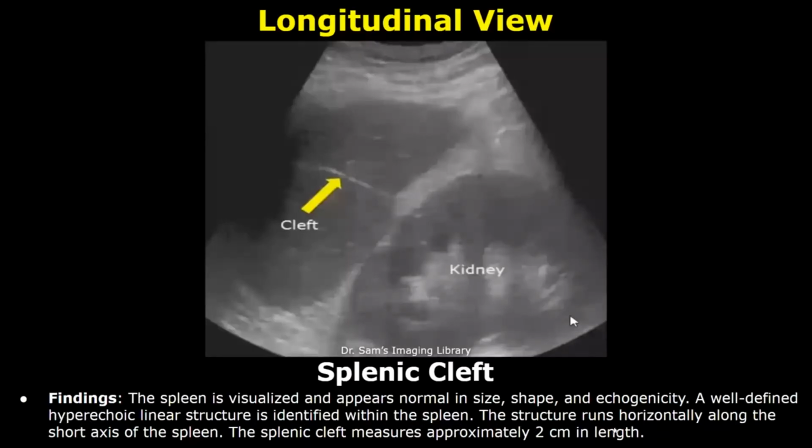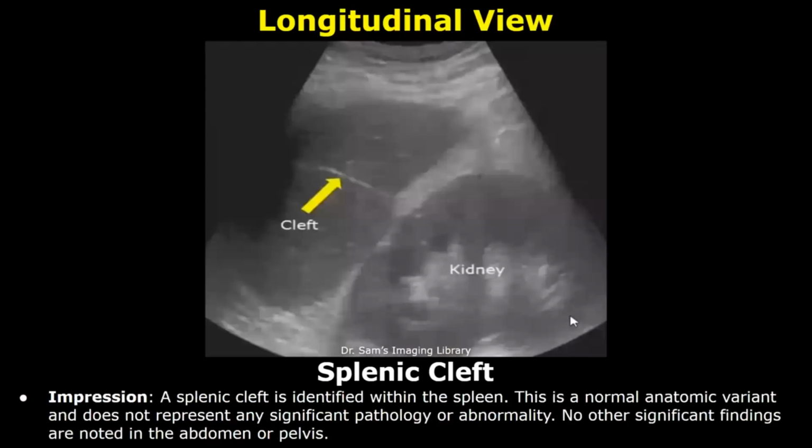This structure runs horizontally along the short axis of the spleen, and in the end, the size of the splenic cleft is written. In the impression, a splenic cleft is identified within the spleen. This is a normal anatomic variant and does not represent any significant pathology or abnormality.